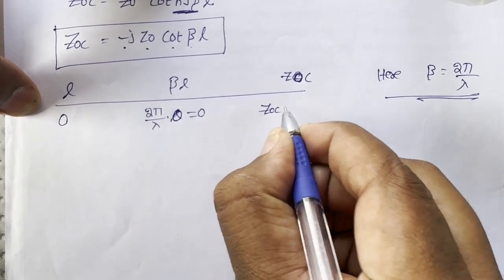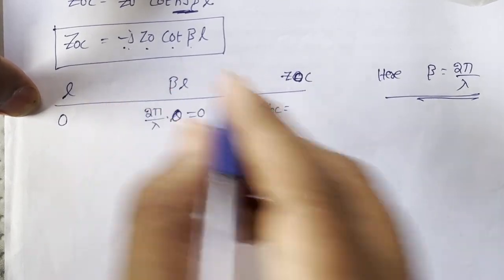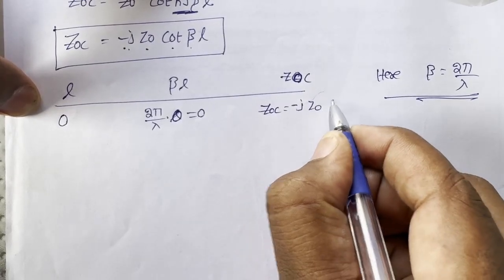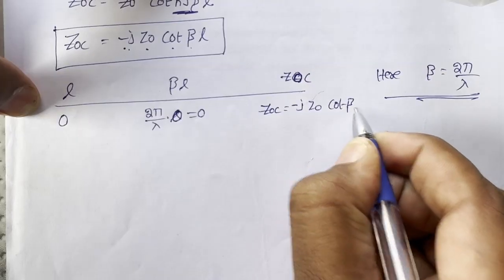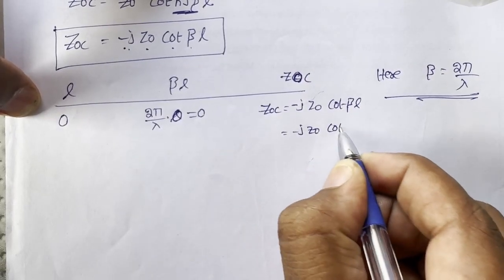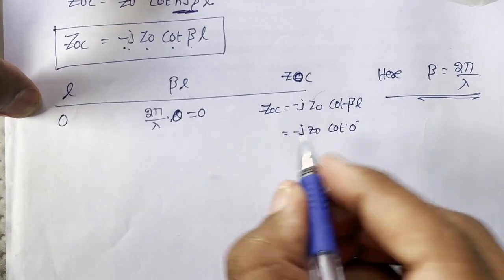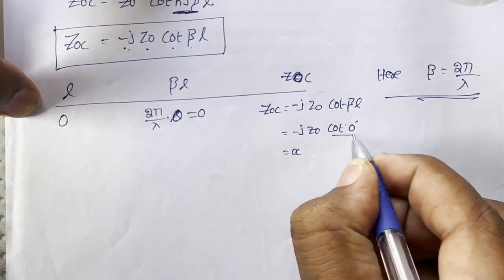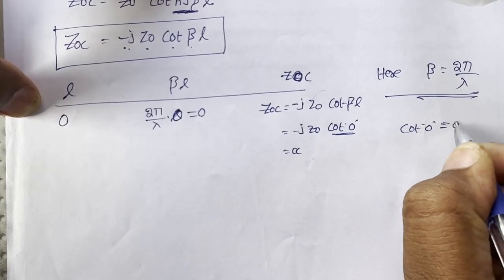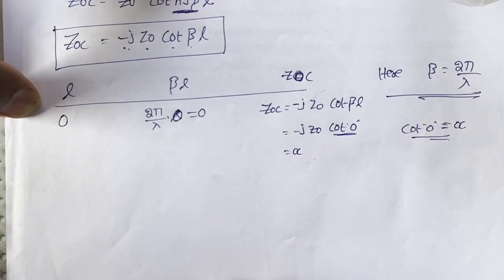Then ZOC equals minus j Z0 cot beta L, that is minus j Z0 cot 0. It will become infinity, because cot 0 is equal to infinity.